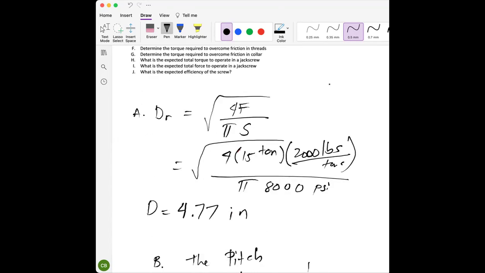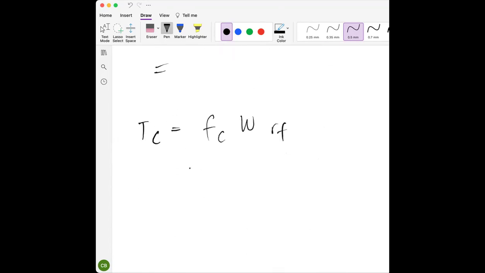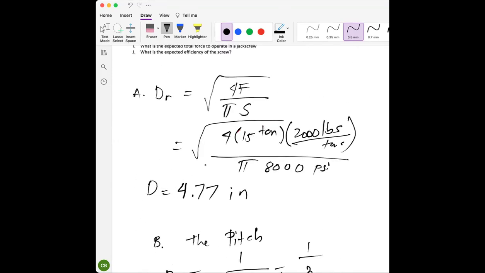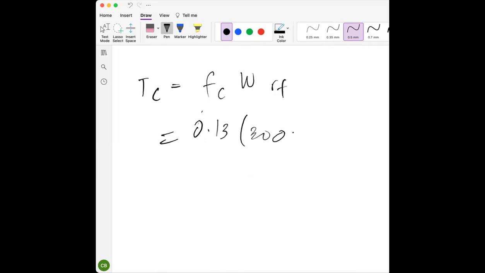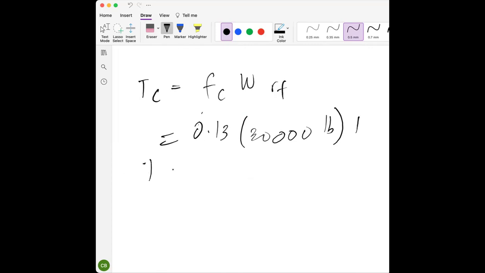So you have FC 0.13, weight is 30,000 pounds, and RF, which is 1. Then you compute this.